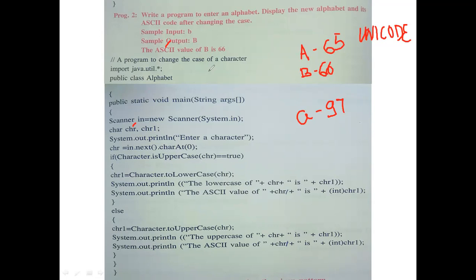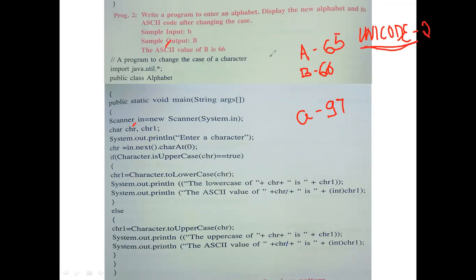They started using 2 bytes, and every character of all the languages has been given a unique number. That is the Unicode character set. So it consumes 2 bytes, not 1 byte now.